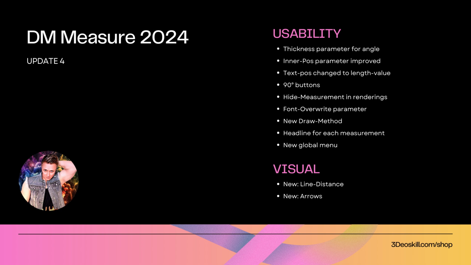Maybe presets and such things. I'm working on a lock algorithm here, maybe for the DMeasure tool, but this is a little bit more complicated than I expected. But we will see what time brings, and I will definitely keep you updated.